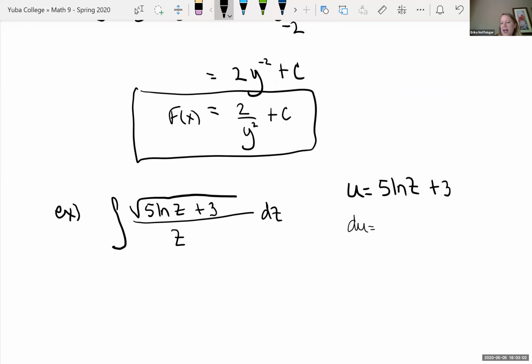The derivative of 5 natural log of z, well, it's 5 times the derivative of natural log of z. Well, that's just 1 over z. So 5 times 1 over z plus the derivative of 3, which is 0. And we did this with respect to z, so dz. So I want to get dz by itself. We can multiply both sides by z over 5, the reciprocal of 5 over z. So this would be z over 5 dz. I'm sorry, du.